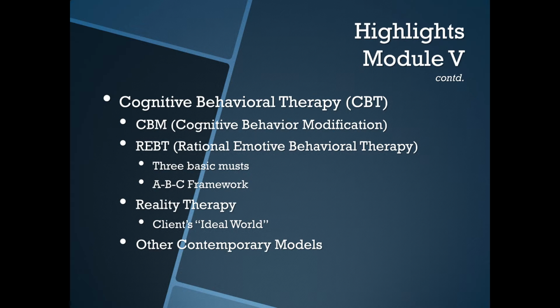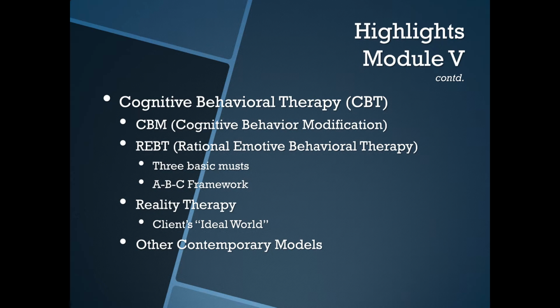We talked about Albert Ellis's rational emotive behavioral therapy, in which there are 3 basic musts. Look at those. You might see those on the assessment. And then the ABC framework is a document that is actually in your D2L content. And it talks about the disruption of beliefs that are behind our actions.